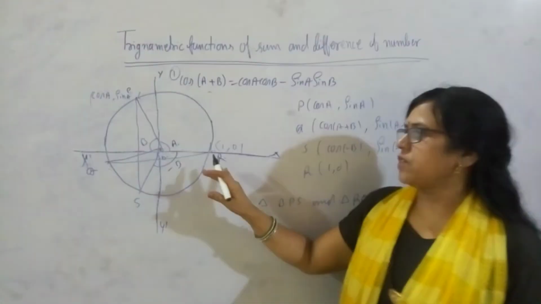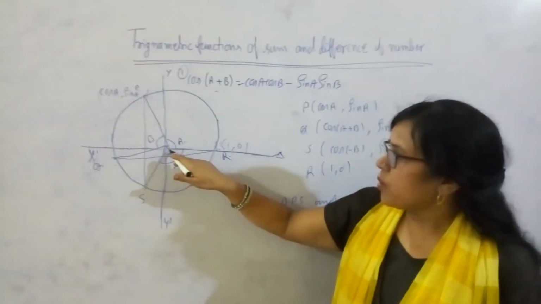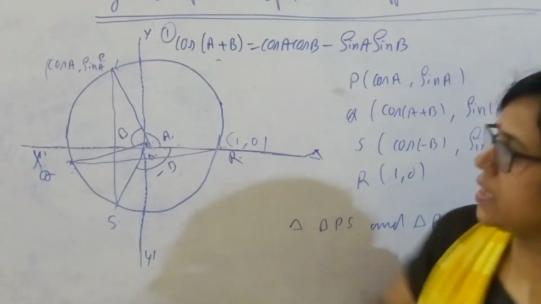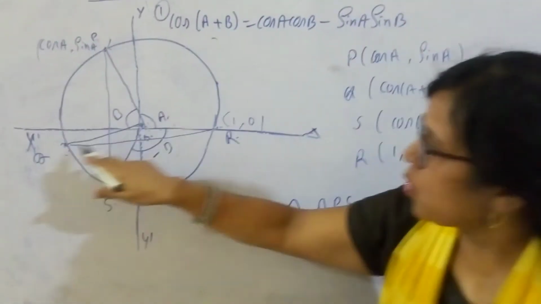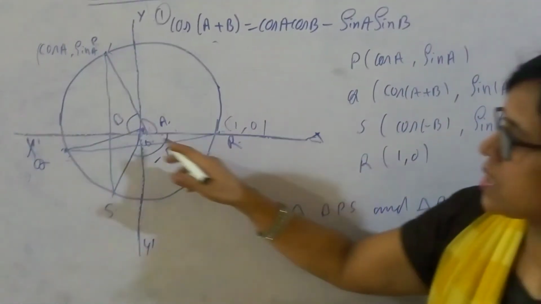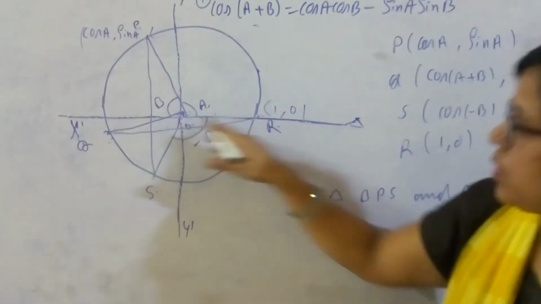Now we will observe both triangles. OP and OS are radii of the circle, and OQ and OR are also radii of the circle. It means OP is equal to OQ is equal to OS is equal to OR.